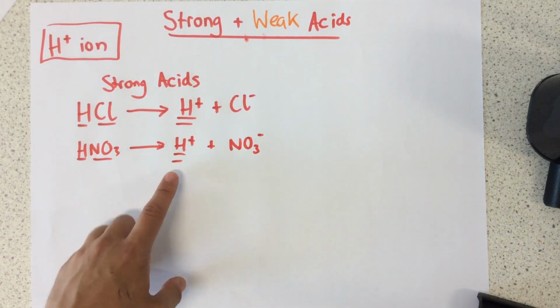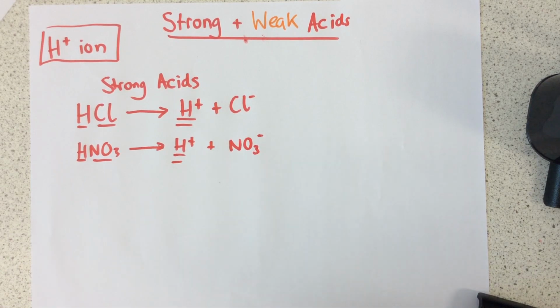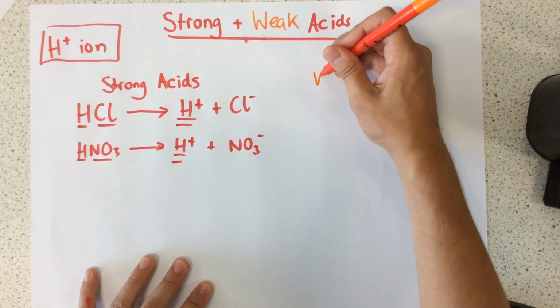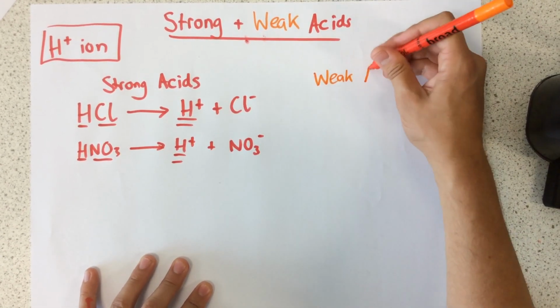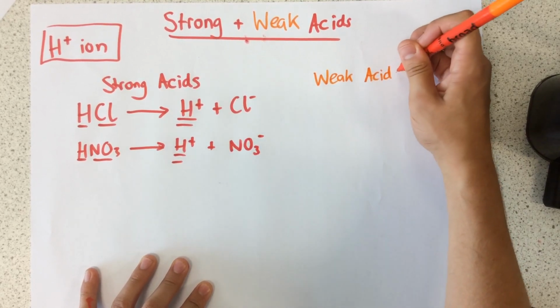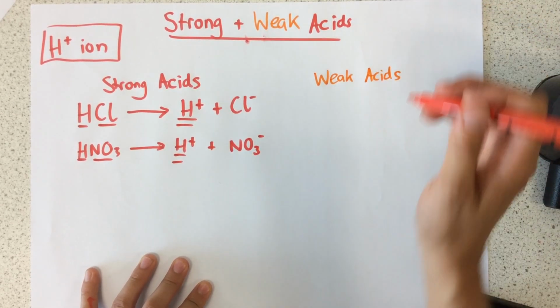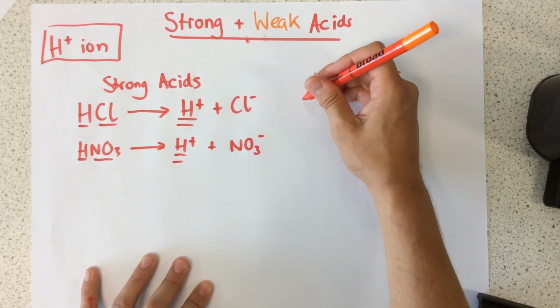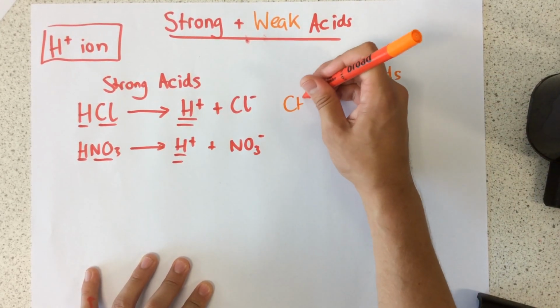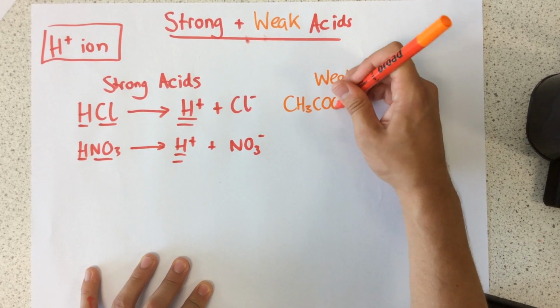Now we'll have a look in comparison in just a minute, because I think it's important to have a look at weak acids. Now weak acids don't fully ionize in solution. They partially ionize. Now the good example is ethanoic acid, also known as vinegar.